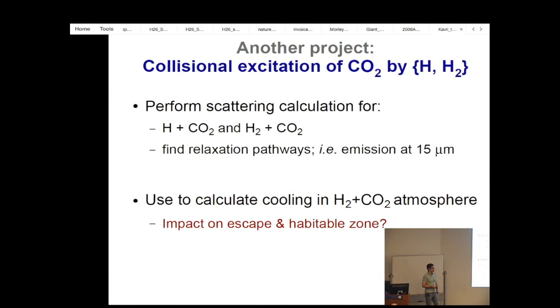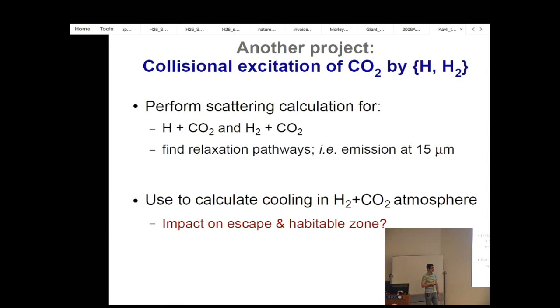And so one thing that I propose as a project to work on would include H colliding with CO or H2 colliding with CO, where within the next 5 weeks, I guess, since I have no students to work with, it's going to be myself. I may actually look at, at a very approximate level of theory, the way that the CO2 gets excited by these kind of collisions.